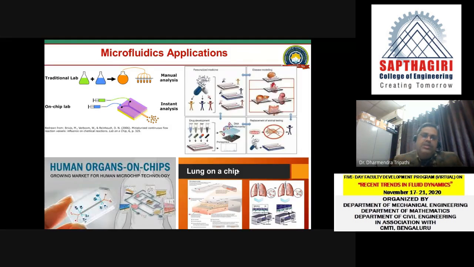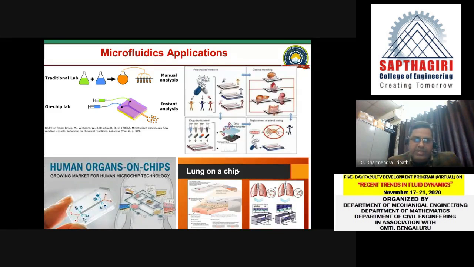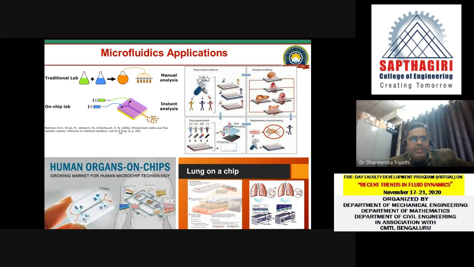So next is the microfluidics application. I will talk very little about this application. Earlier I gave one comparison of the traditional lab and the microfluidics lab. So what is the advantage of today's development in fluid dynamics?